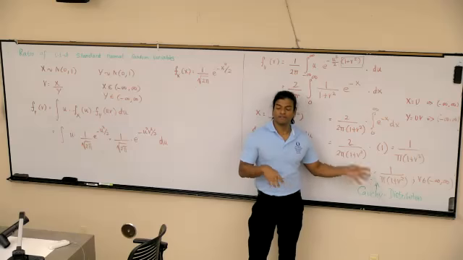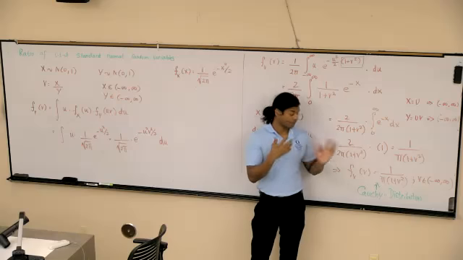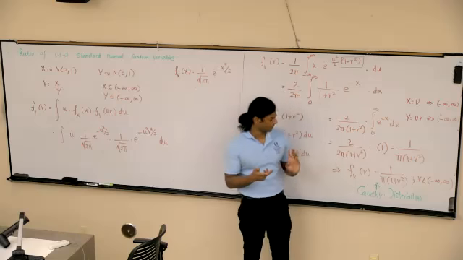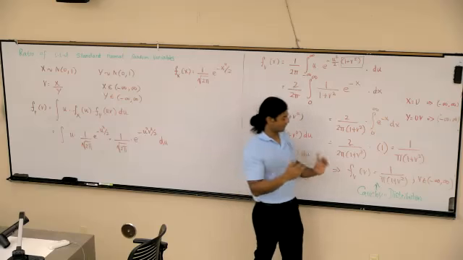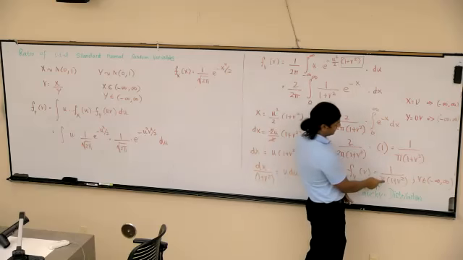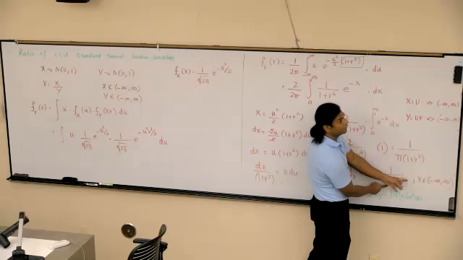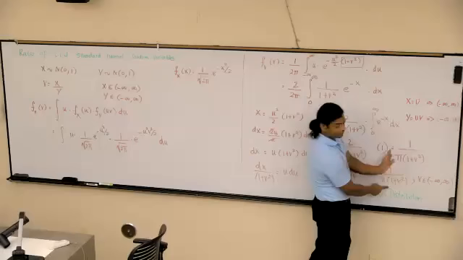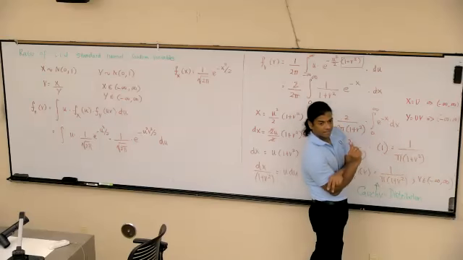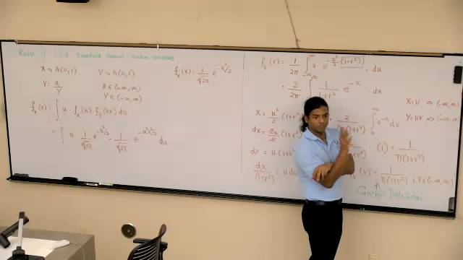This is not a regular Cauchy distribution. A regular Cauchy distribution would have beta here, the scale parameter. You'd have v minus alpha squared over beta squared, just like how you have x minus mu over sigma.